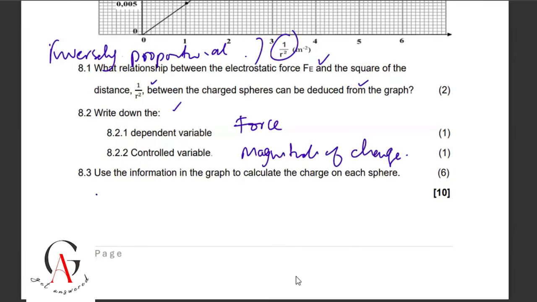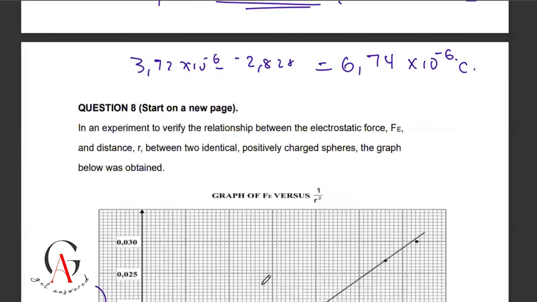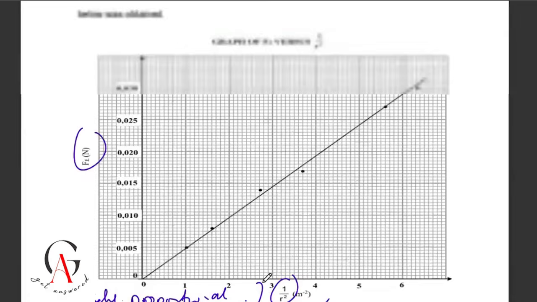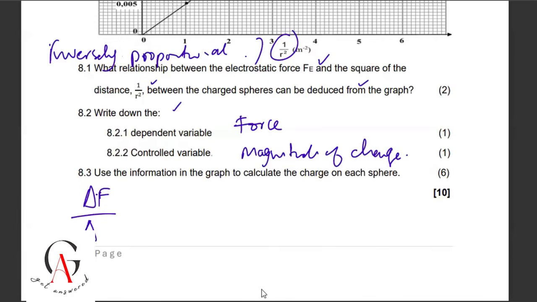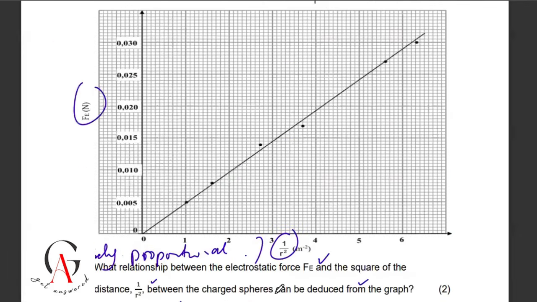Okay, so we know that the spheres are identical and they are positively charged. Okay, meaning that the change in F over the change in the distance, which is 1 over r squared. We can look at any point of interest, 0,025.